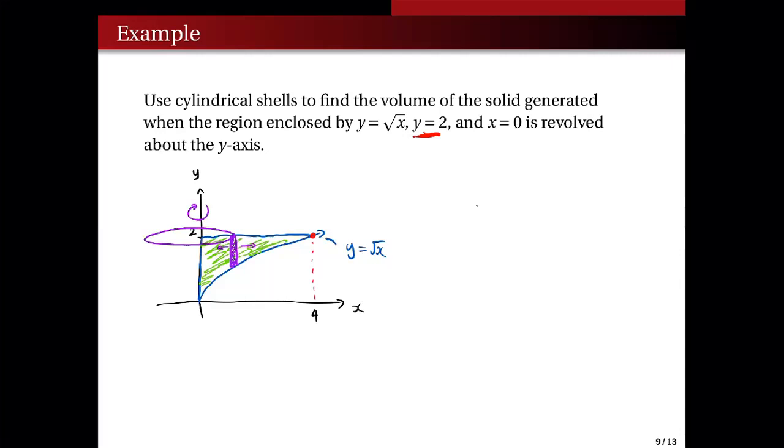You have this hole in here, and then, of course, you will have this part here. And this will be your cylindrical shell after the revolution. So this cylindrical shell represents this strip here.